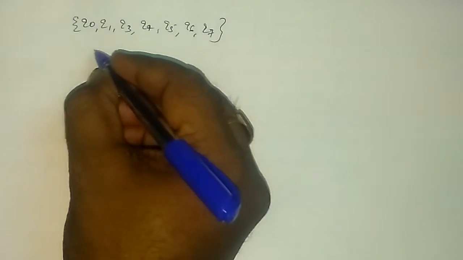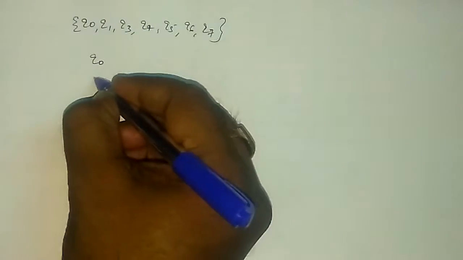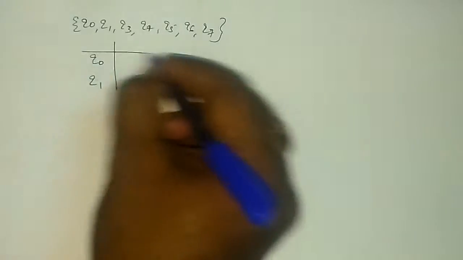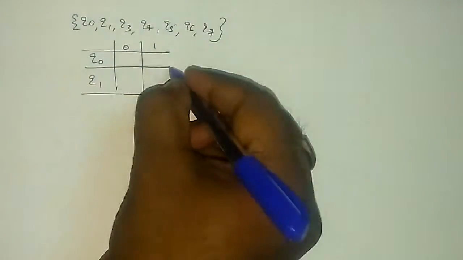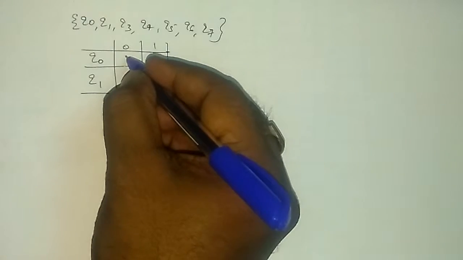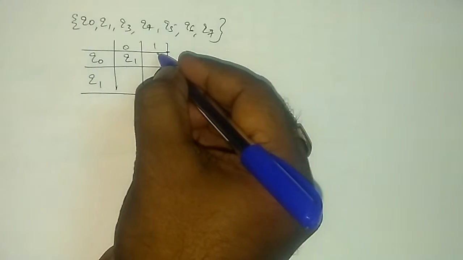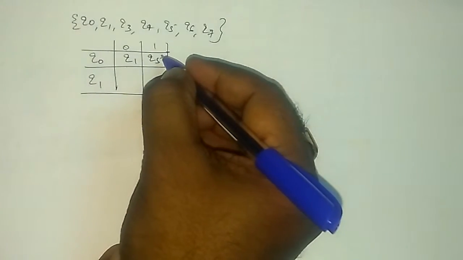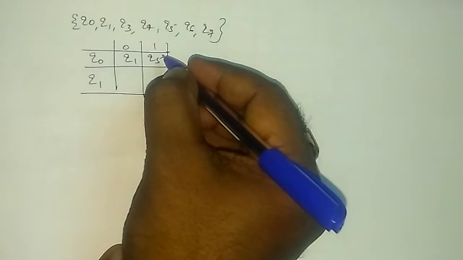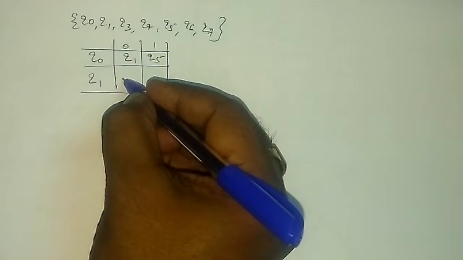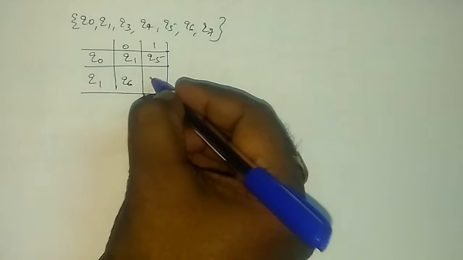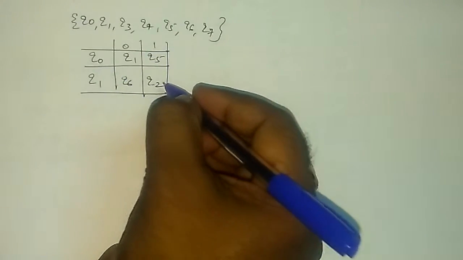Okay, so Q0, Q1, and my inputs are 0 and 1. Q0 on 0, I will get Q1, Q0 on 1, I will get Q5. You can verify this in your transition table. Next, Q1 on 0, what will I get here? Q6, and Q1 on 1, Q2.